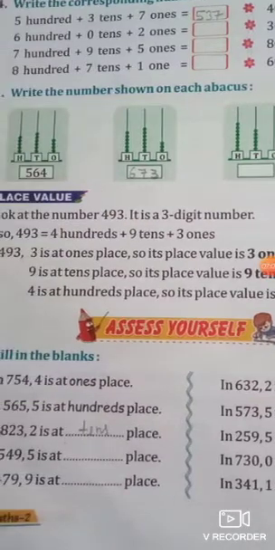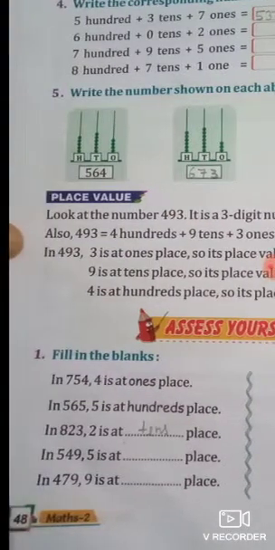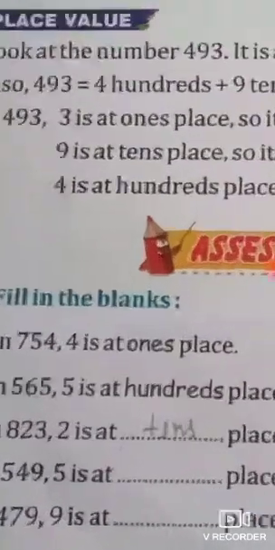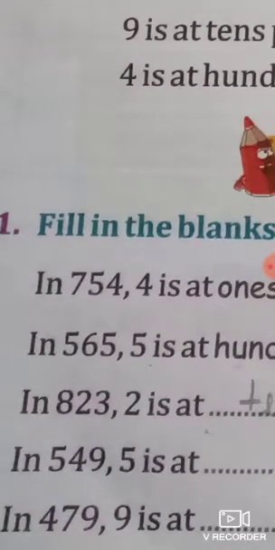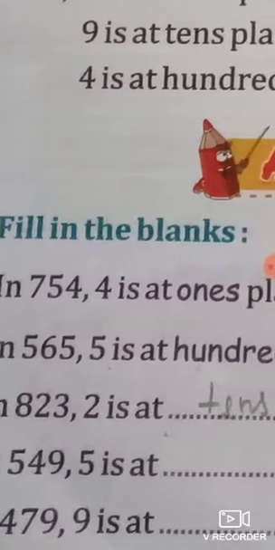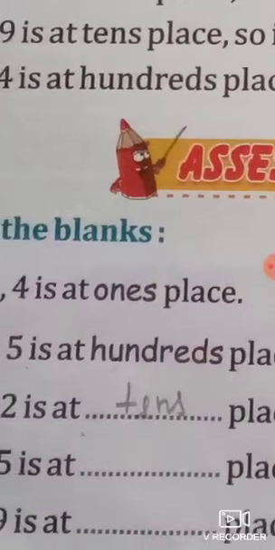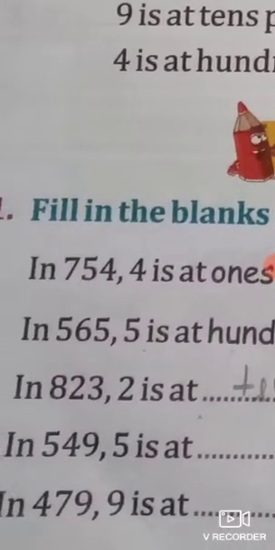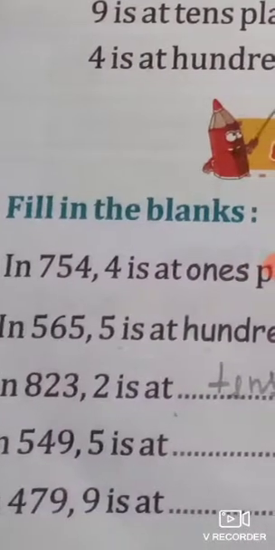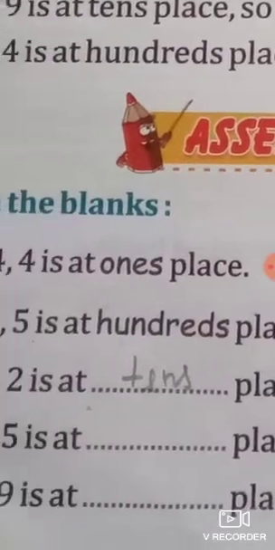Now we move on, assess yourself. First question, fill in the blanks. In 754, 4 is at 1's place. Okay, and in 565, 5 is at 100's place.